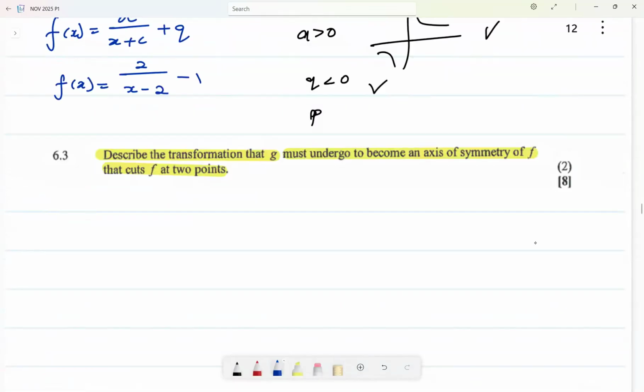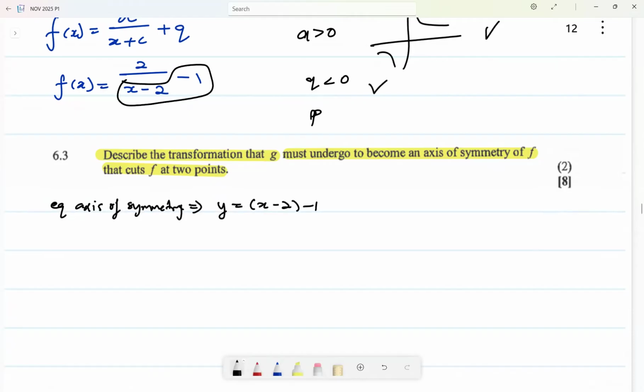It's easy, because I can say equation of axis of symmetry is going to be y is equal to x minus 2 minus 1. Remember, I take this part. And then this is just y is equal to x minus 3.